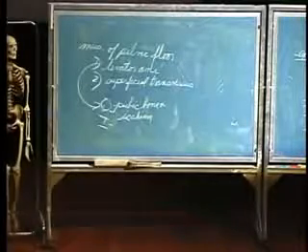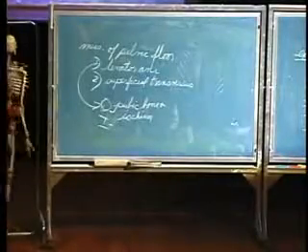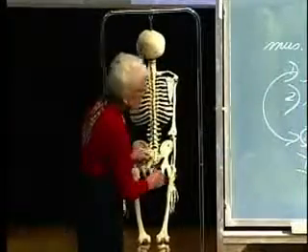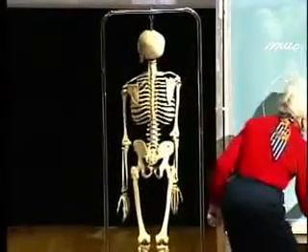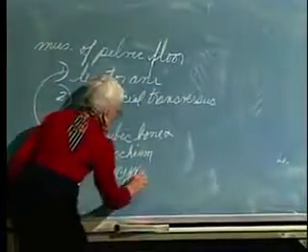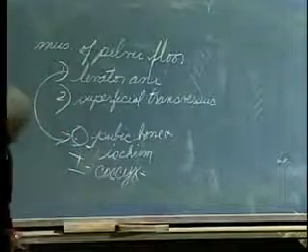So I've come from my pubic bone, my ischium, and it will insert on the coccyx, posterior, and what's called the median raphe.